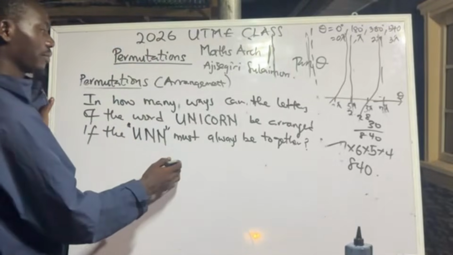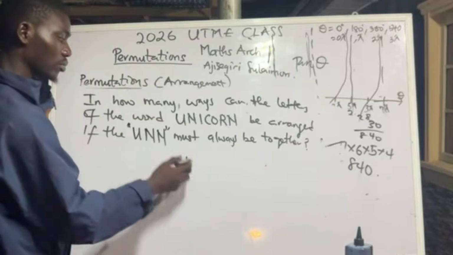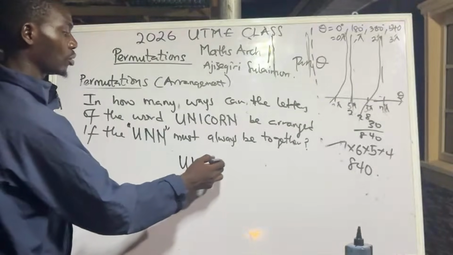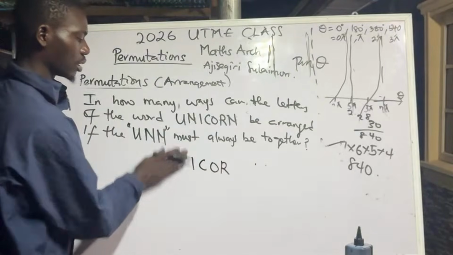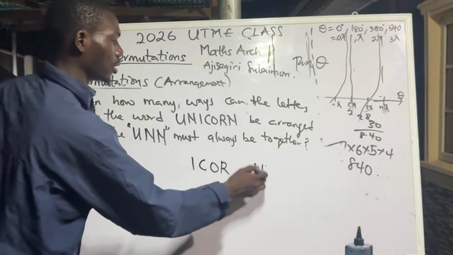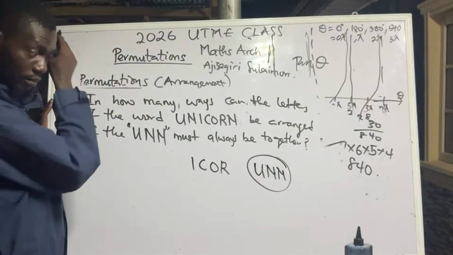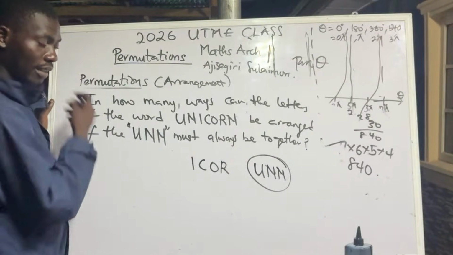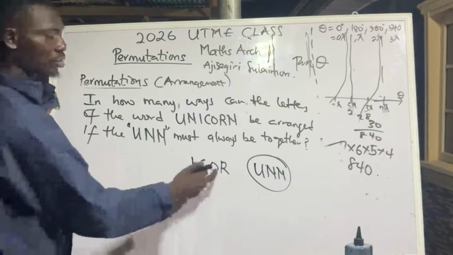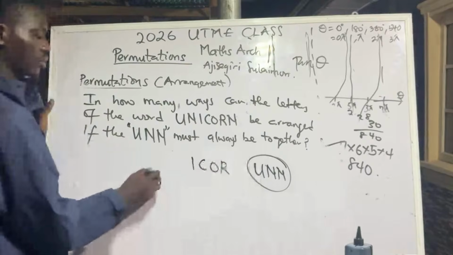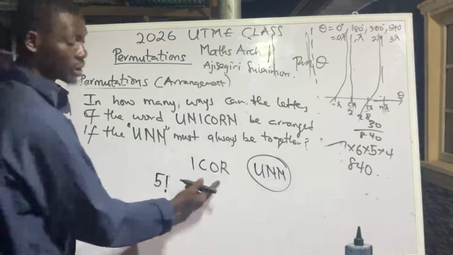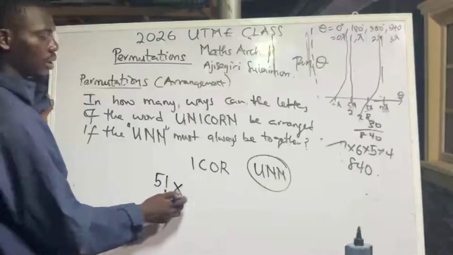So we'll say 5: U, I, C, O, R. Okay, that's U and N together. Now let's count. How many letters? 1, 2, 3, 4, 5. So 5 factorial. Look at this one. Is there repetition? No repetition. Then we move on to this.